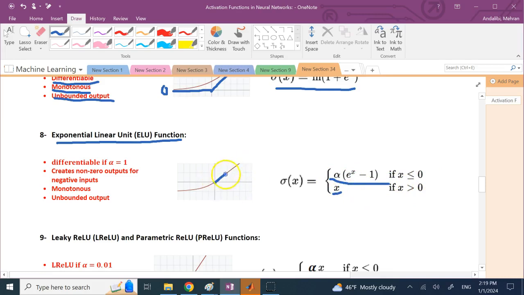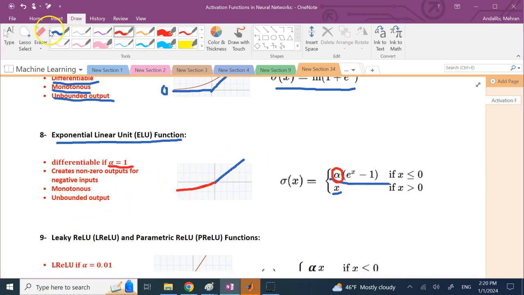So you have one function here, and you have another function here. Now, if this parameter alpha that is under your control, if you set it to be 1, then this function is differentiable because the derivative at point 0 is going to be 1. So here at this point, the derivative of left and right will be 1, so the function is differentiable.